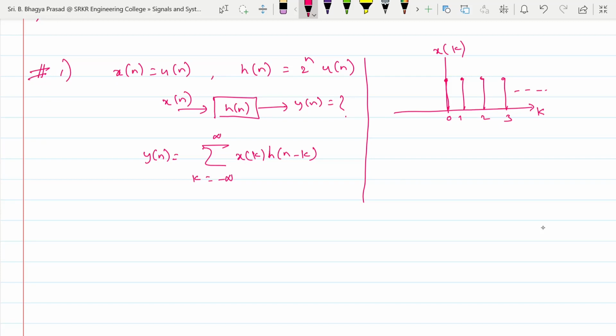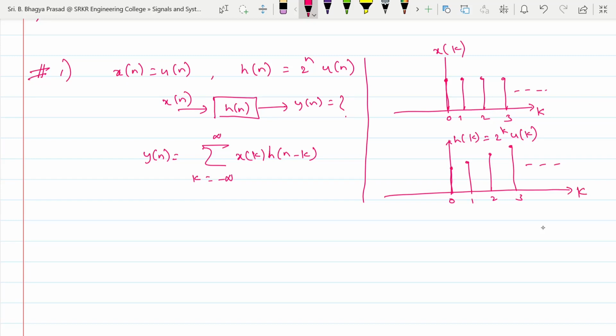And h[k] is a sequence which is exponentially increasing, 2^n u[n], starting at 0 with the values exponentially increasing. So h[k] equals 2^k u[k].